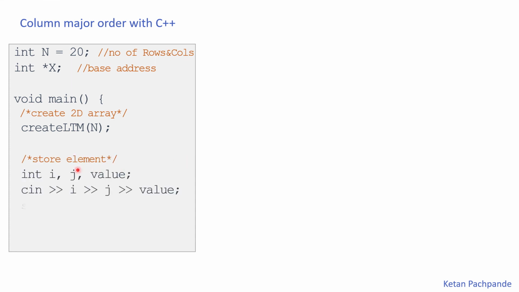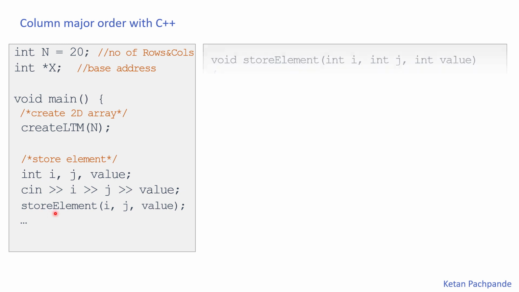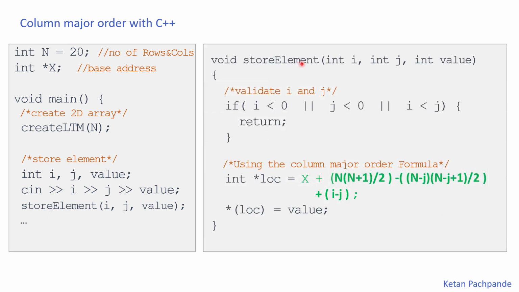But now how to store these elements using column major order? I get the input from the user that you tell me at what value of i and j you want to store the value, as per your need. So I first take the input i, j and the actual value to be stored, and I write a function here, again store element.